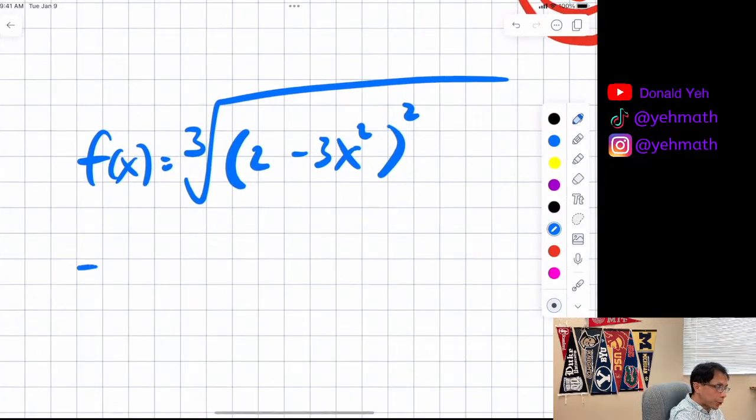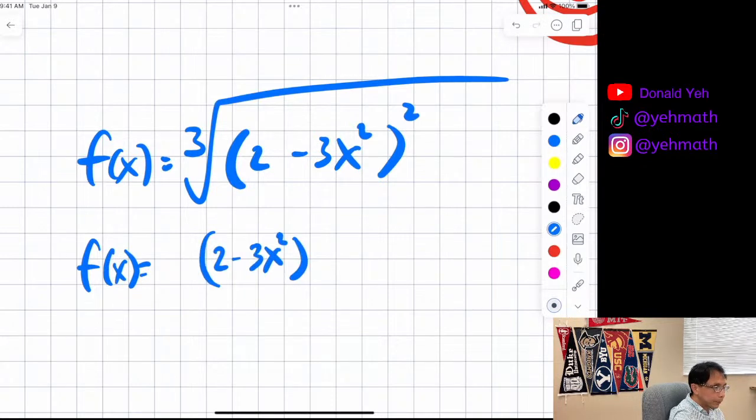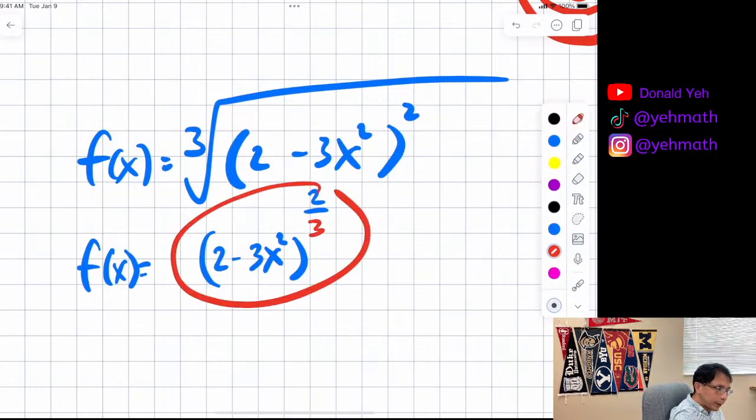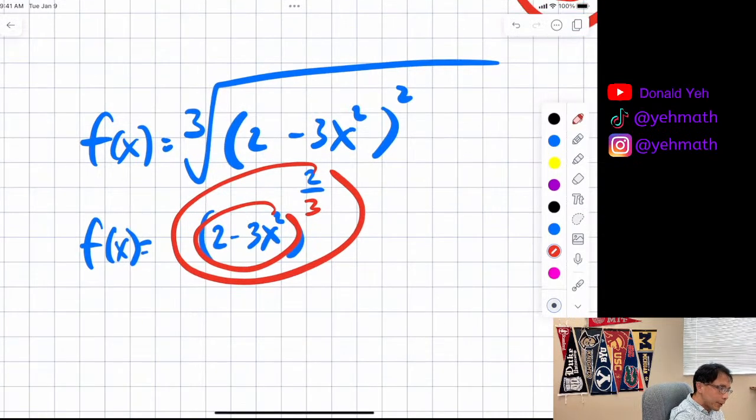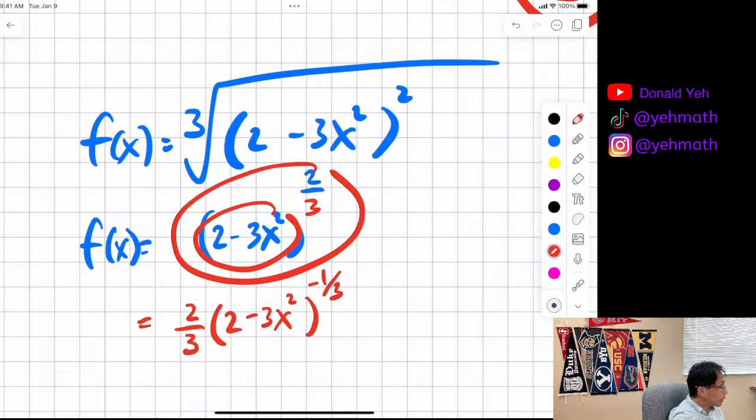Okay, so I'm gonna rewrite this as 2 minus 3x squared to which power? 2/3 power. Good. Now there is an outside layer right here, and there's an inside layer, right? So if I take a derivative, it's gonna be 2/3 of the inside layer still intact. It's not changing. It's negative 1/3. Is that okay?